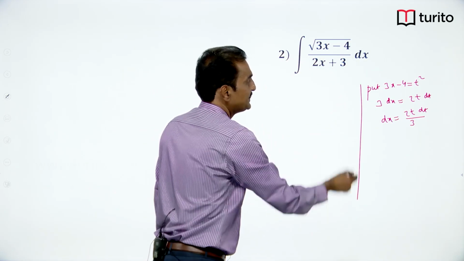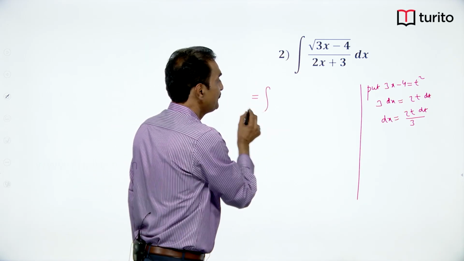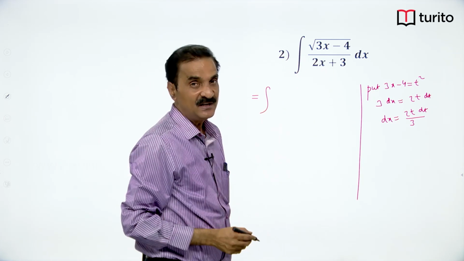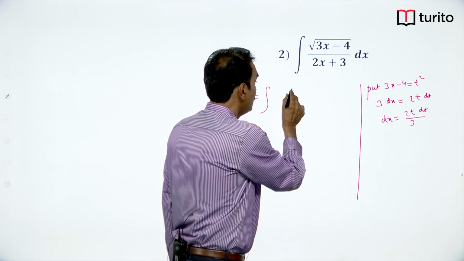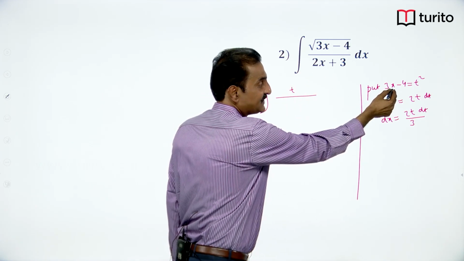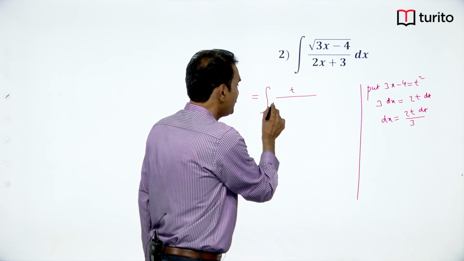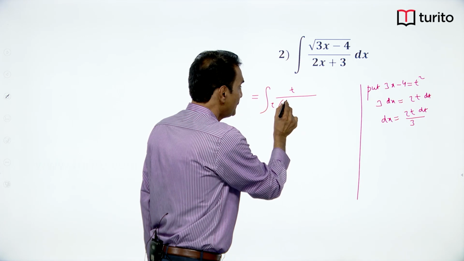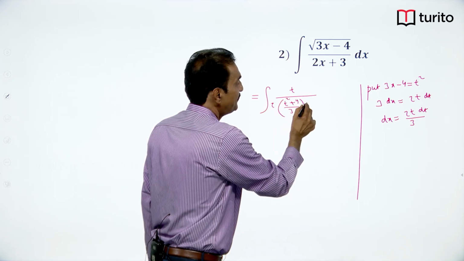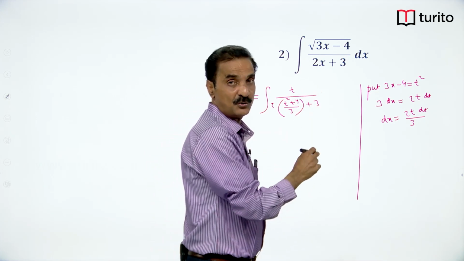Then substituting here, integral: root over 3x − 4 is t, by, substitute x here, x is (t²+4)/3, 2 into (t²+4)/3 plus 3, into dx, which is 2t/3 dt.